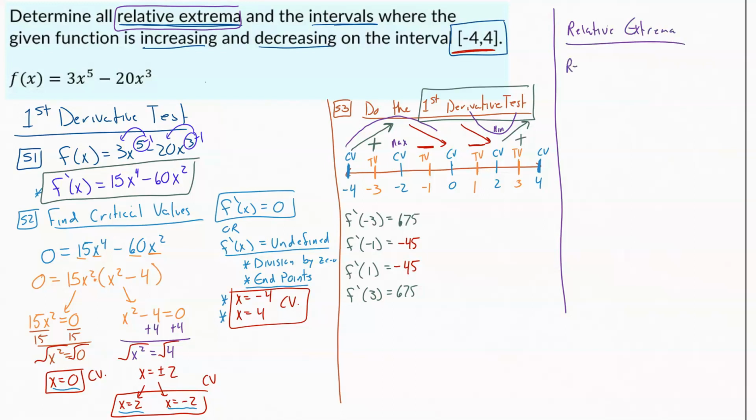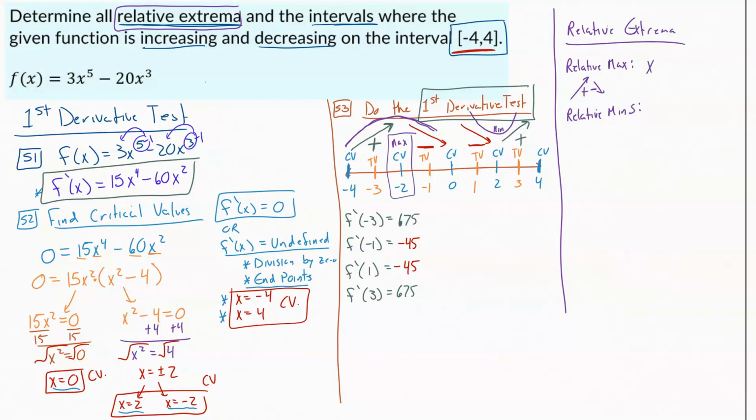So local maxes are relative maxes and relative mins. Like we said, just looking at the shape of this right now, maxes are always going to be an increasing section into a decreasing section. And like I said, if you draw that little shape right there, you can see for sure you've got a max happening at that critical value.